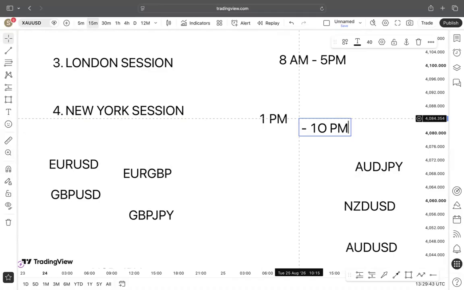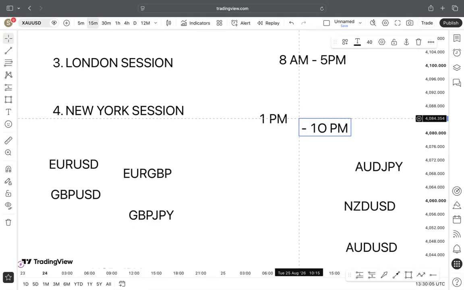Now, this overlap is the busiest period in the forex market. It has the highest volatility, often producing high trading volumes, strong price movements, large spikes, and increased volatility.